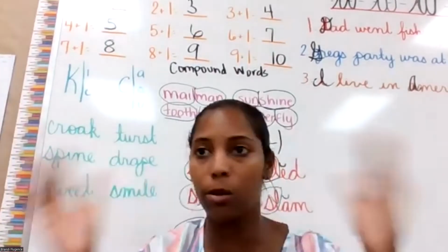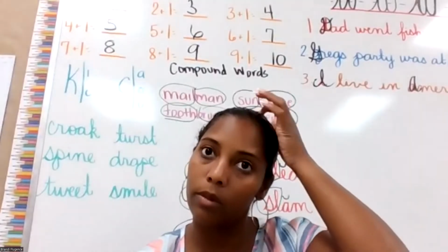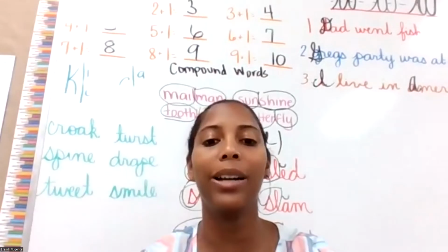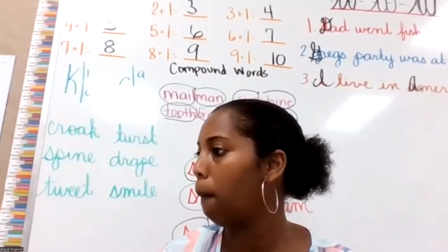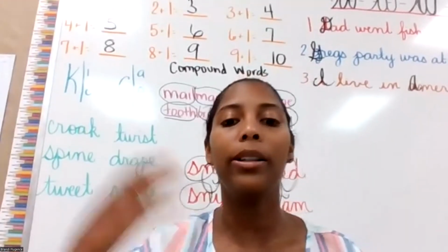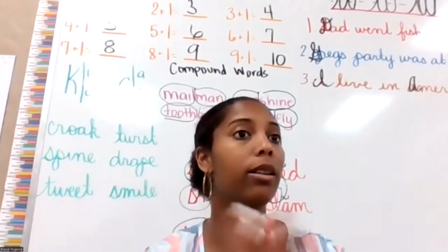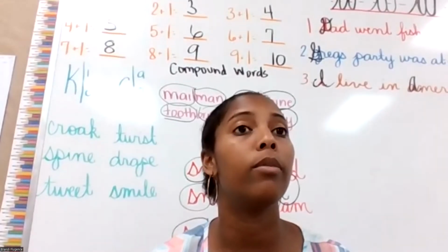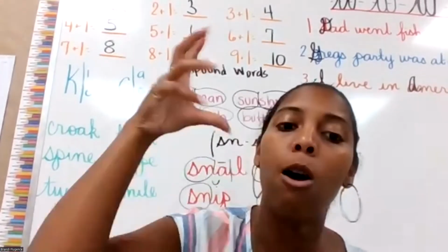It's just one word by itself. Tiger is just tiger. It's not two separate words. Tooth fairy, tooth and fairy. Good. You can say backpack, back and pack. Rainbow, rain and bow. Okay, awesome. So those are examples of compound words.